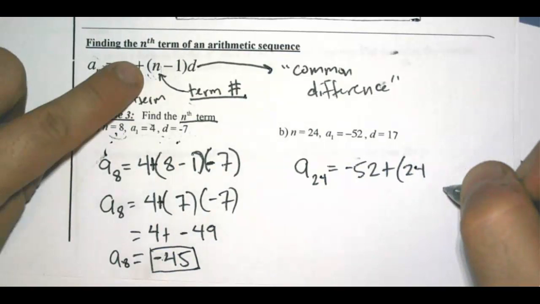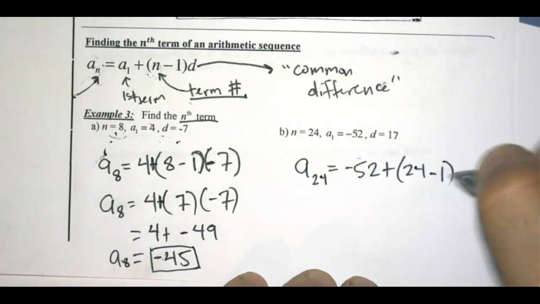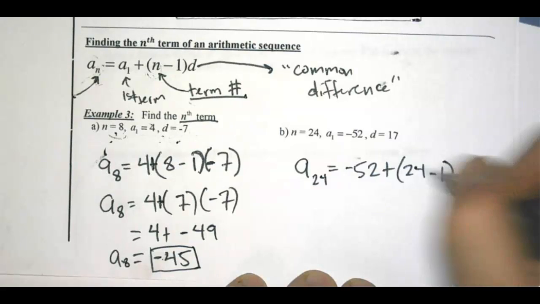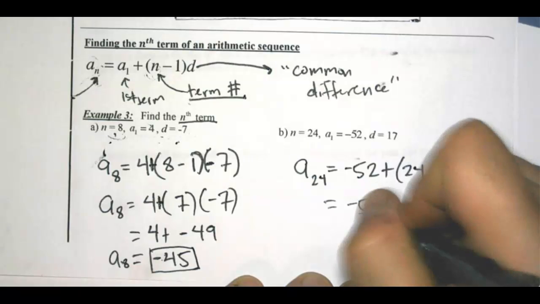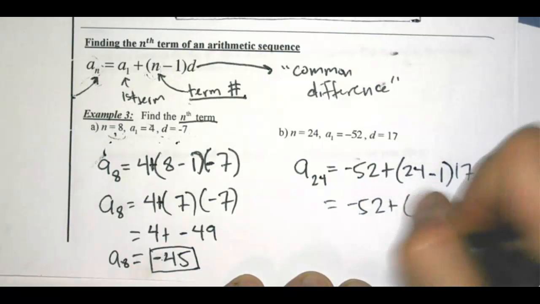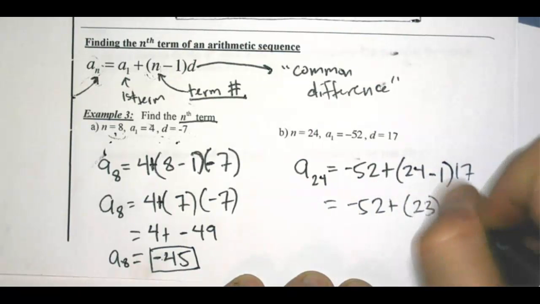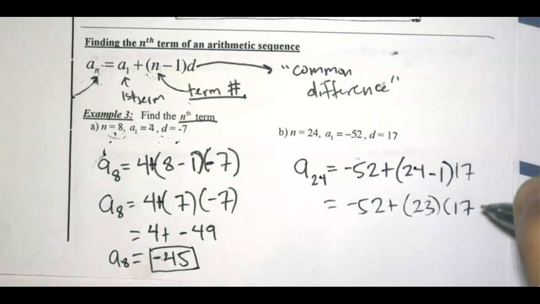Again, just plugging it in, times the common difference. In this case, it's a positive 17. So negative 52 plus 24 minus 1 is 23, and then 23 times 17.